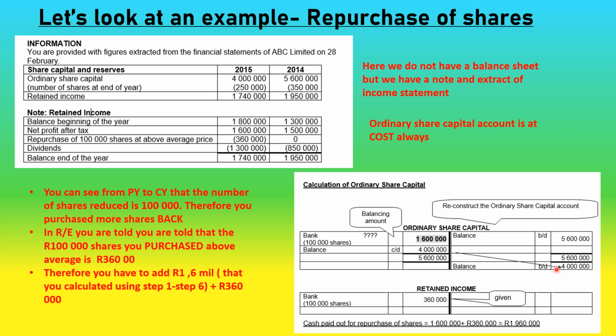Therefore, we now balance the account, 5.6 million on either side. To balance the account, we say 5.6 million less 4 million, which gives us the balancing figure of 1.6 million. What goes in your cash flow is the 1.6 million that you paid plus the 360,000 extra that you paid. Both of these will make your cash flow.